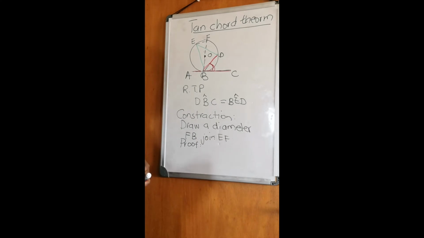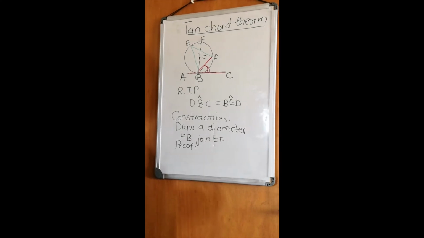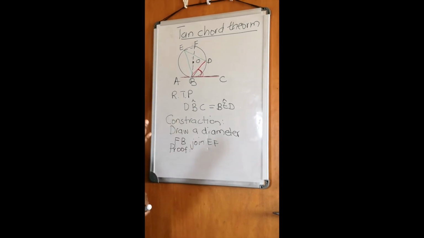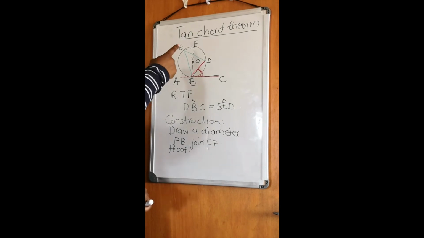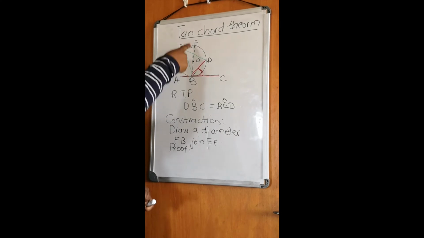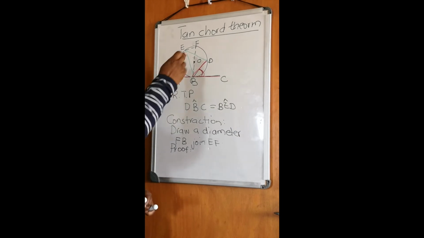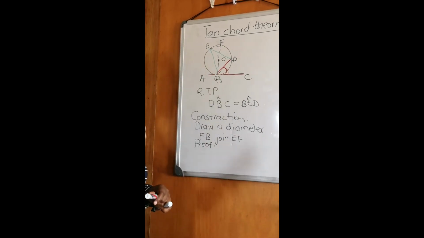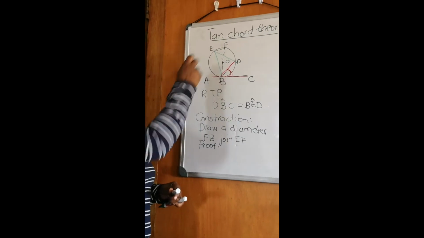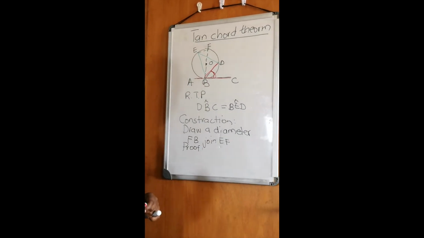With your proof, you need to know beforehand which theorems you are going to use. Actually 3 theorems. You have a diameter, angle in the same circle, that's the first theorem. You're going to use a diameter and a tangent, that's your second theorem, and you're going to use angles in the same segment. Then you've done your proof.